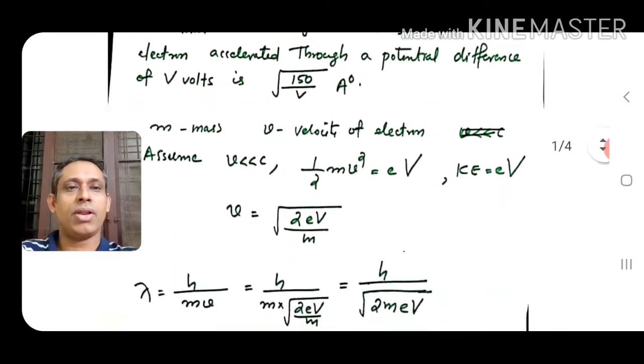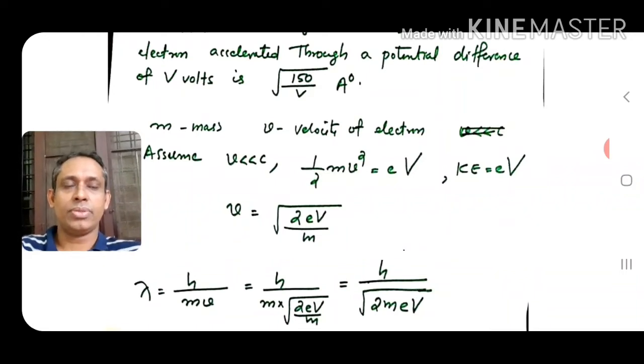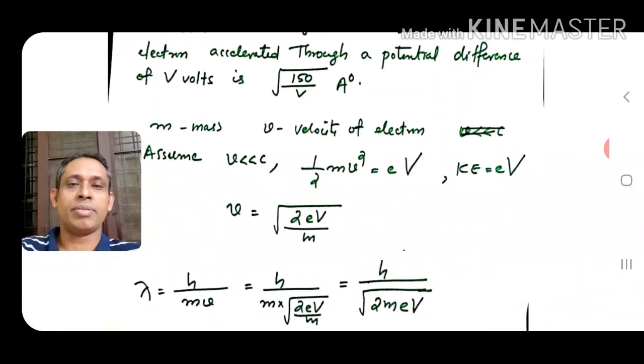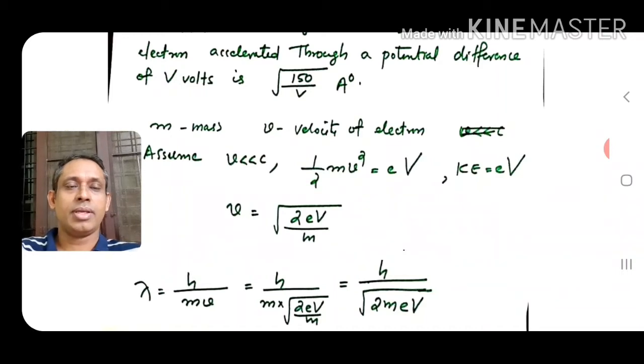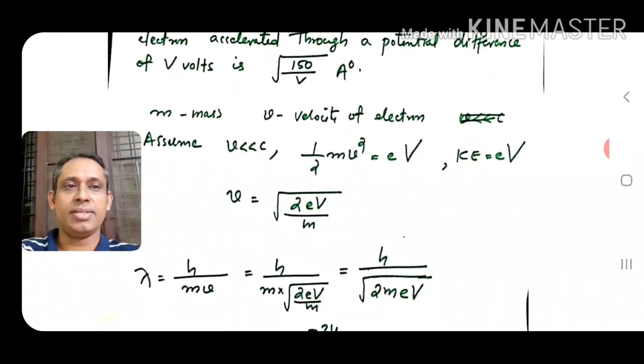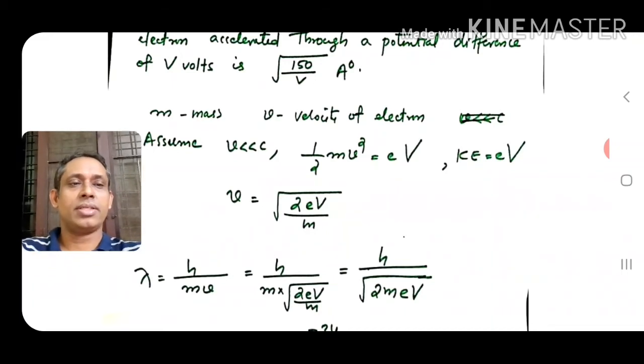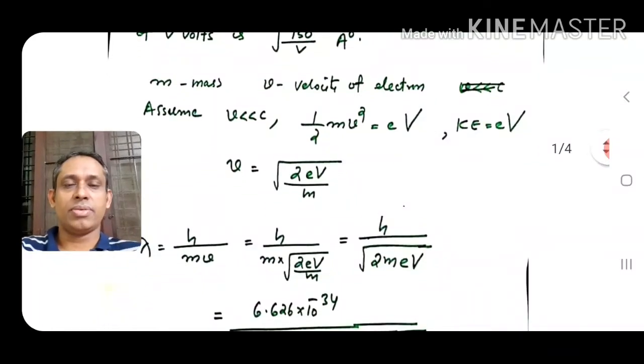Suppose that v is the velocity of the electron, the velocity acquired by the electron through the acceleration by the potential difference V volts. Then the kinetic energy, or the energy acquired by the electron, half mv squared, is equal to eV, where e is the charge of the electron and V is the voltage through which the electron is accelerated.